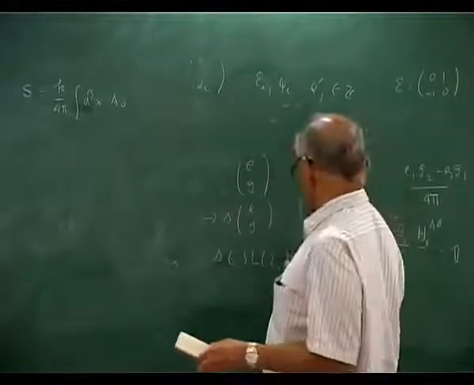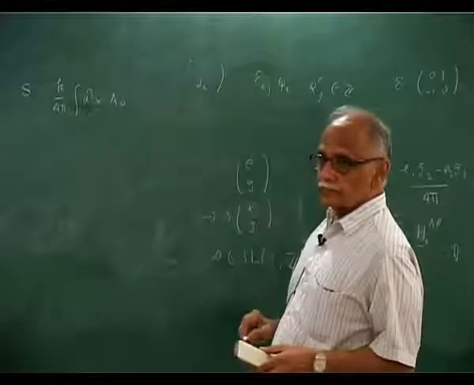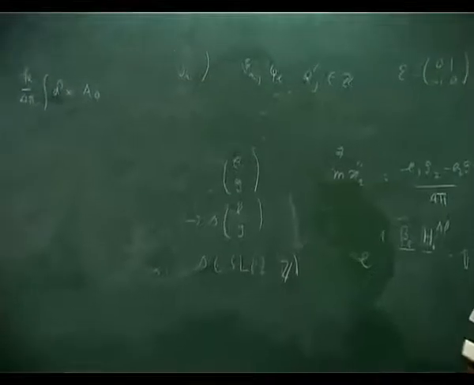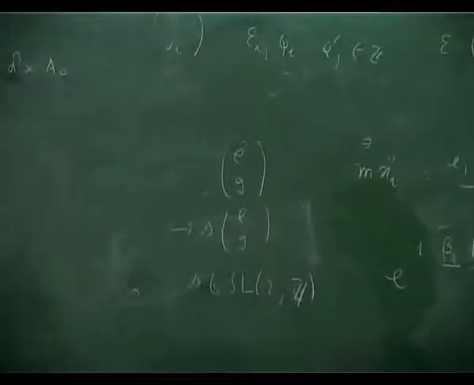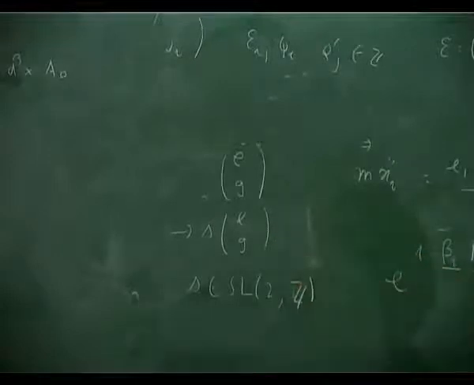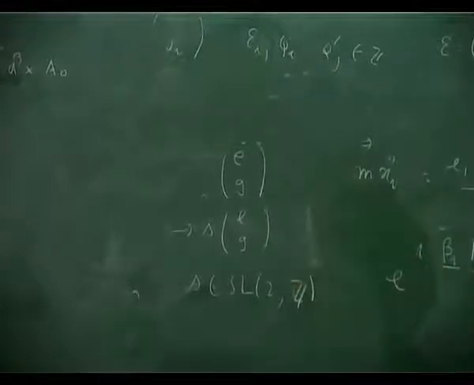So this has to become SL2Z. This is what people call the S duality in string theory. That's absolutely correct. But it is already implicit in the old work of Schwinger and Zwanziger.